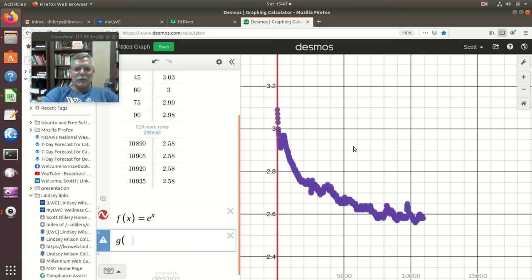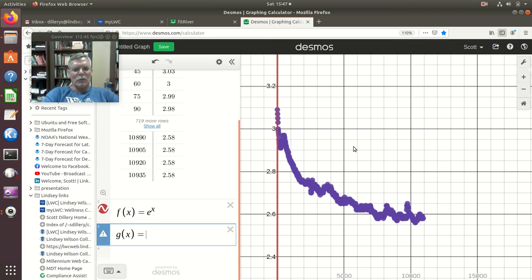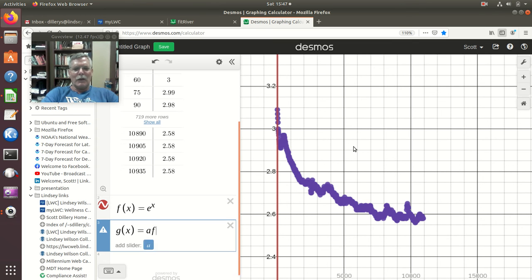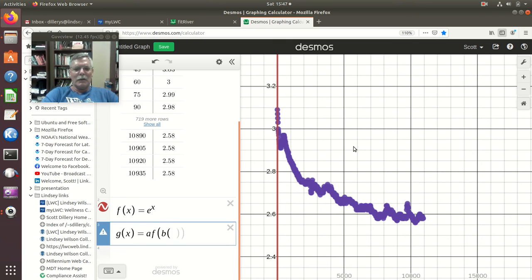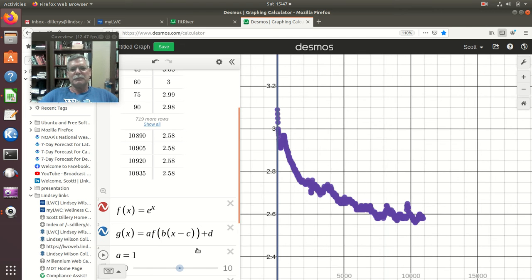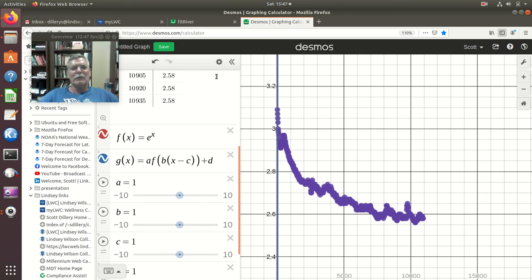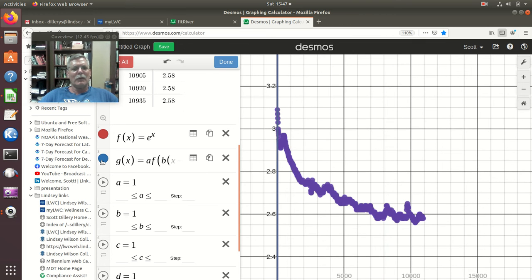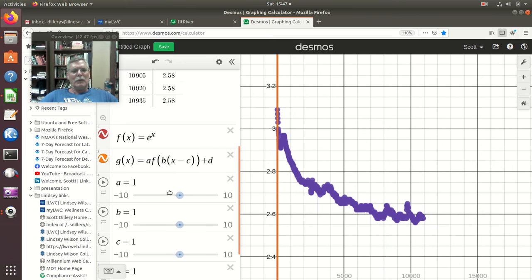So g of x, again, is equal to a times f of b, x minus c, like that, plus d. And I will add all those, and it's a blue line. I'm going to change that to orange, too close to purple.